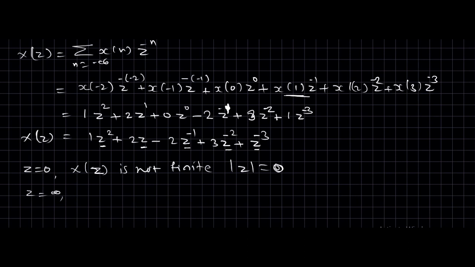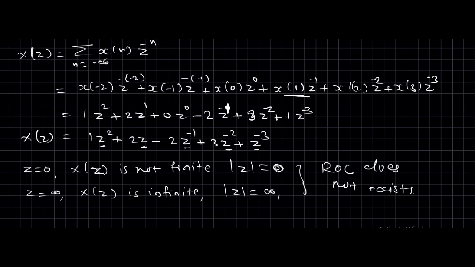What you will get is infinity. So X of z is infinite for mod of z equal to infinity, so ROC does not exist. That is the conclusion of this.